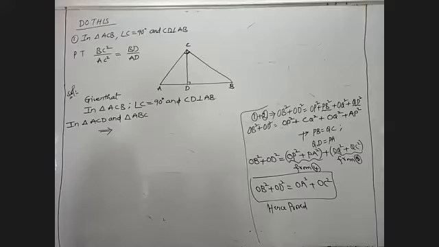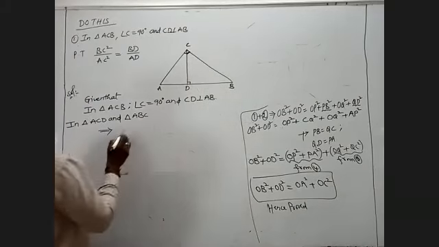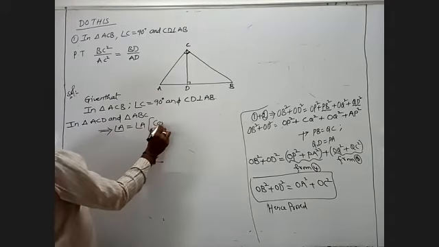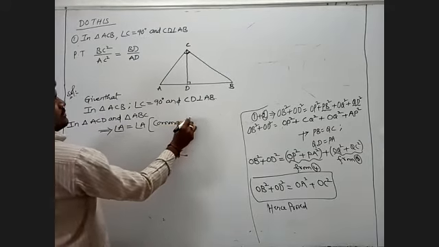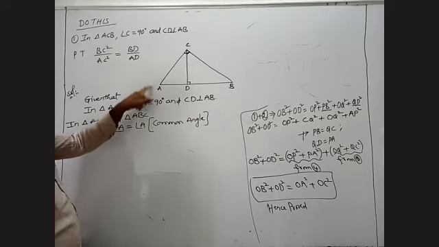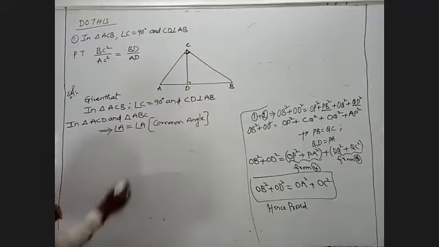We take triangle ACD and triangle ABC, both have angle A equal to angle A. These are common angles. Triangle ACD and triangle ABC both have A as a common angle.